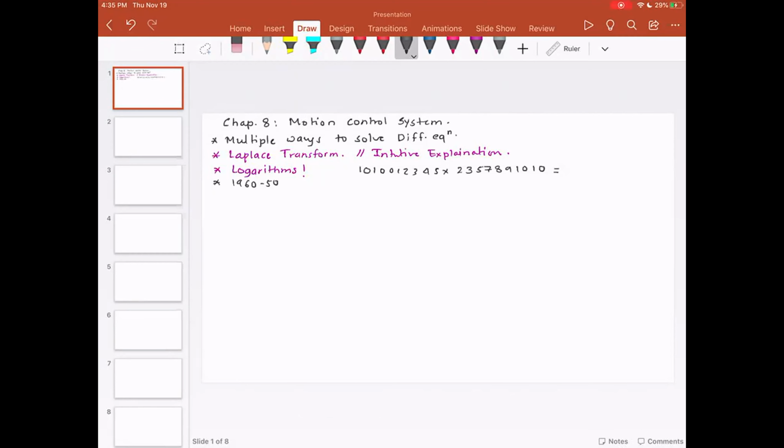I will not go into the definition of logarithms, but what it means is that when you take the log, this large number gets converted into a small number, and I'm just guessing here, say 23.27. So this log number is a very small number once you take the log, and multiplication gets converted into addition.